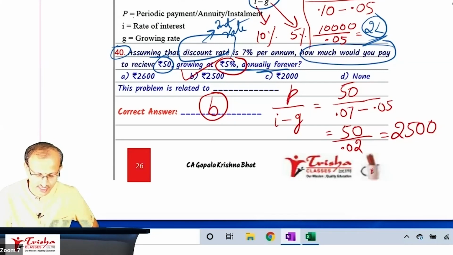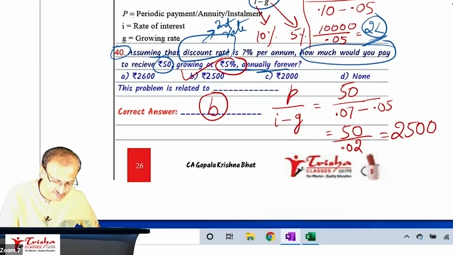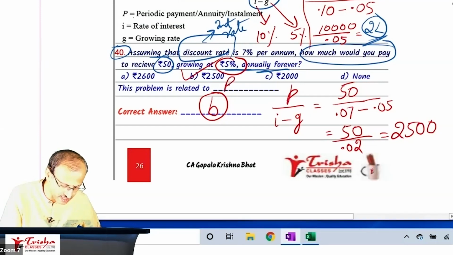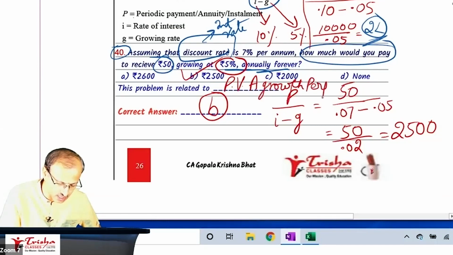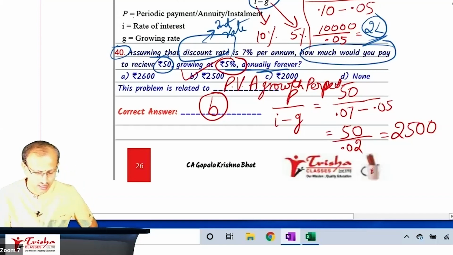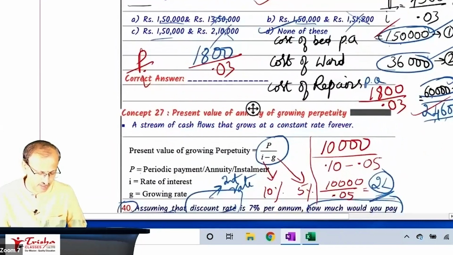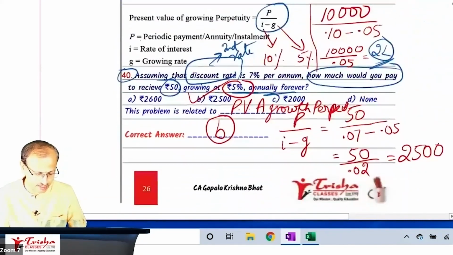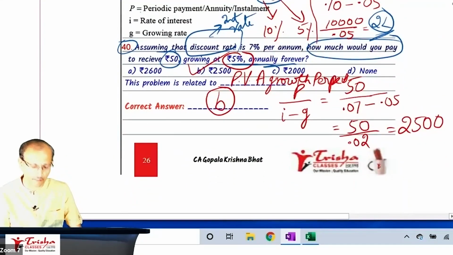Can anyone guess? Can you write there? Present value of annuity, growing perpetuity. There's a heading given, no? Growing perpetuity. Present value of growing perpetuity.